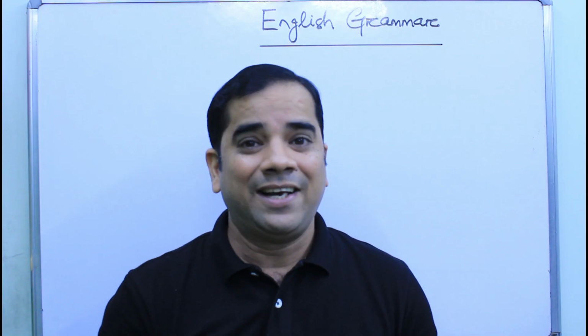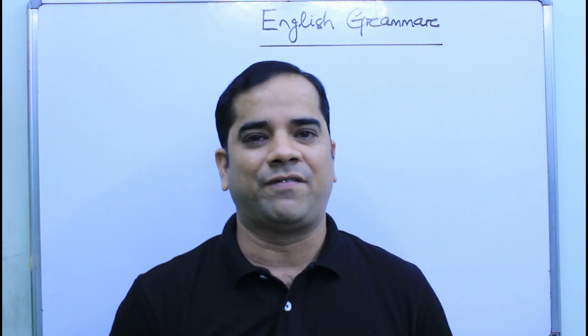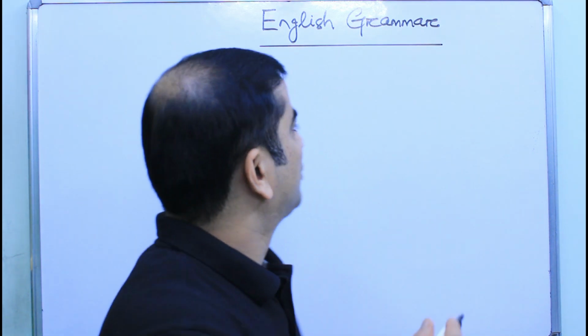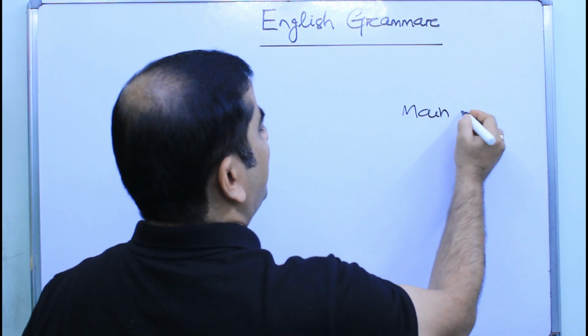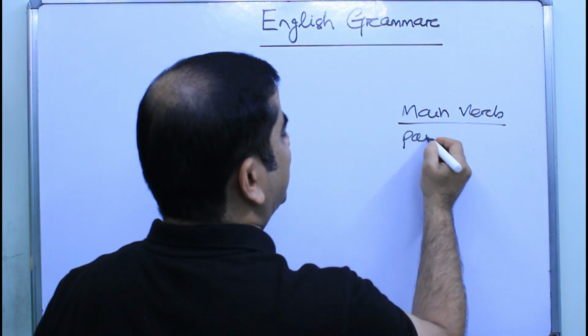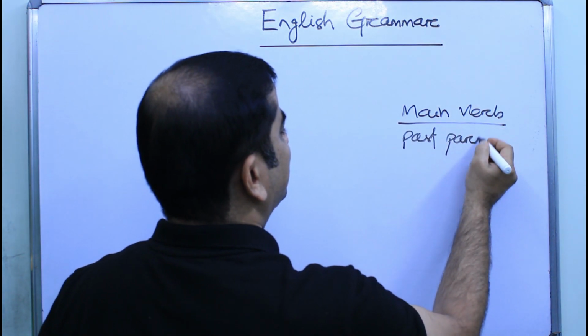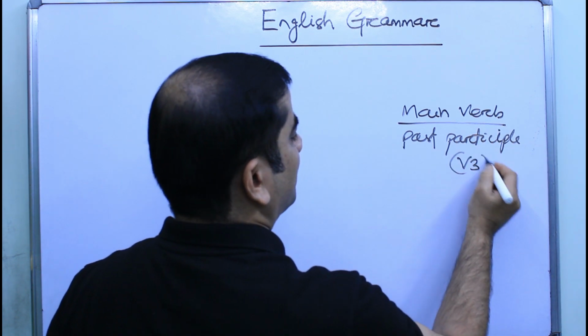Students, let us now discuss the formation of the verb in future perfect tense. The main verb is always in its V3, the past participle form.